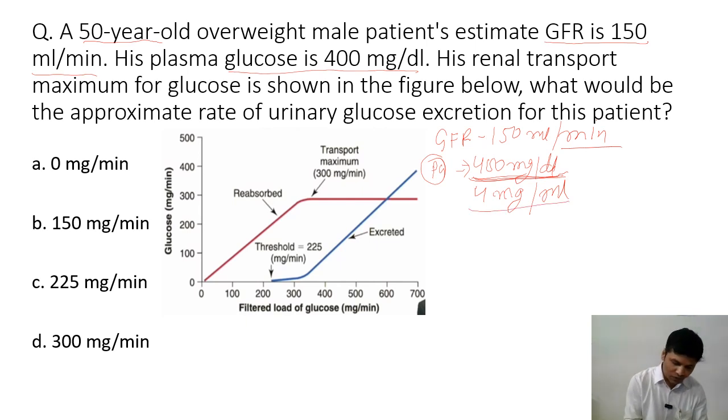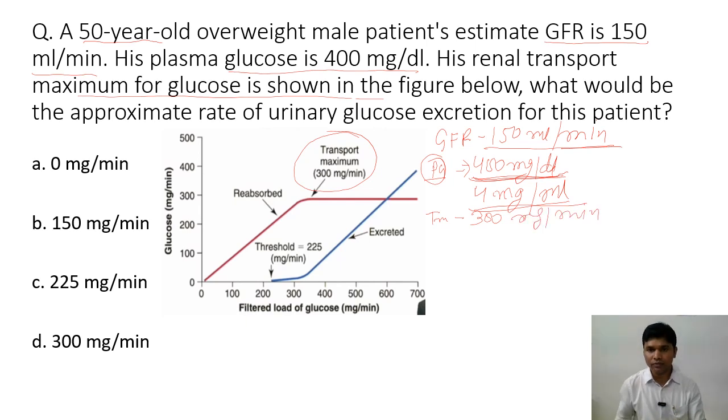Clear? So GFR is 150 ml per minute and plasma glucose is 4 milligram per ml. His renal transport maximum for glucose is shown in the figure. So transport maximum, Tmax, is 300 milligram per minute. Clear?